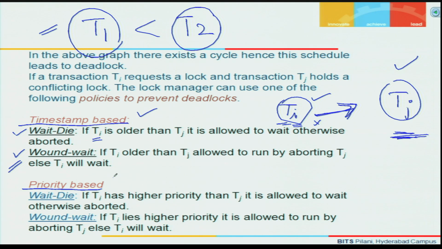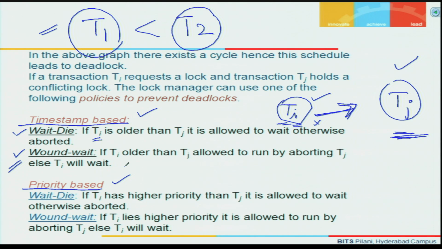Then we have priority based protocols. Like how we have associated timestamps with transactions, we can also associate priorities with the transactions. A higher priority transaction is always given high priority to access the data items, or at the time of execution it will be given high priority.